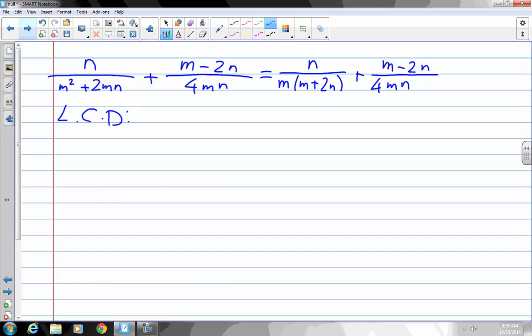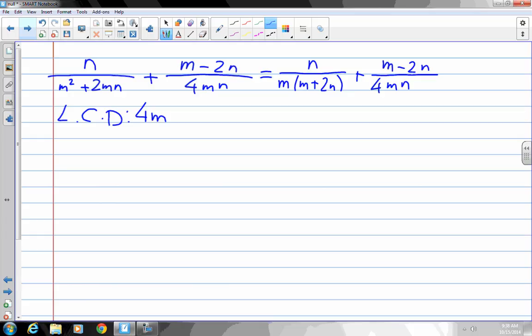So again, the least common denominator is the list of all distinct factors that we see. When I look at both denominators, I see a 4. Do you all see a 4 that goes in the LCD? Yes, if you see it, it goes in the LCD. I see an m twice, right? m is a factor in the first denominator, m is a factor in the second denominator.